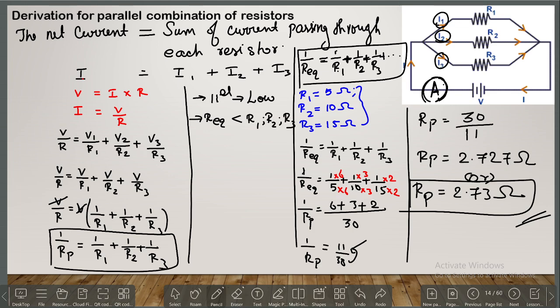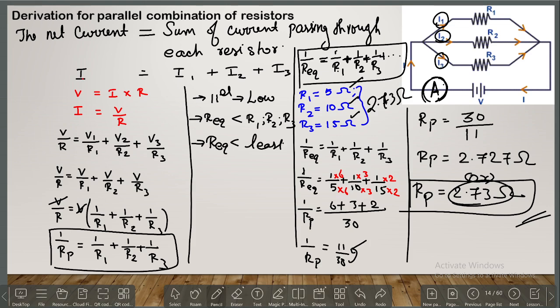Net resistance will be lesser than the resistance of each resistor. So what is the value of net resistance we calculated over here? 2.73 ohm. So this 2.73 ohm is lesser than 5, lesser than 10, lesser than 15, as well as this net resistance is lesser than the least.